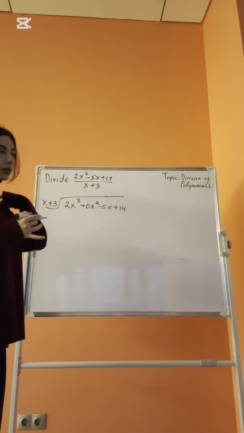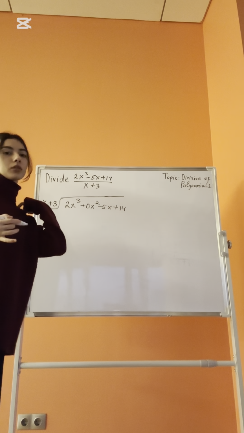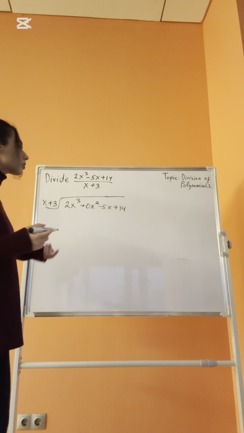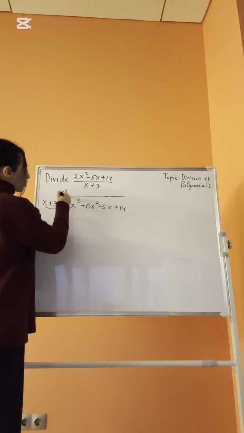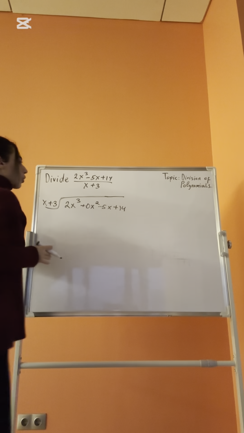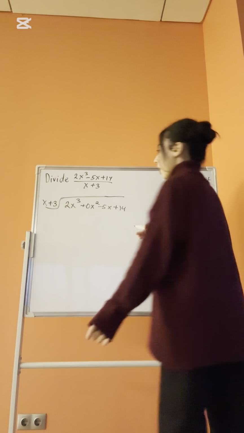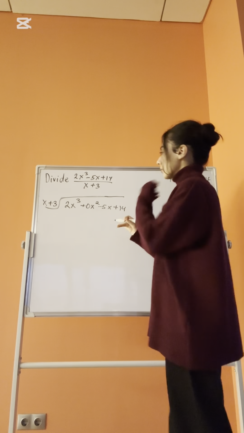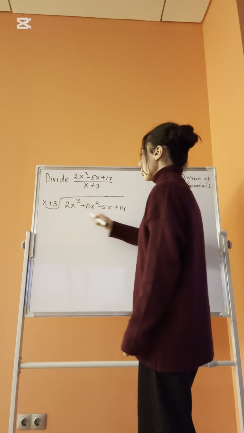And you're going to ask me where are we going to write the quotient, what we get, our answer. We're going to write it here, on top of this line. So, how do we divide this polynomial by this?